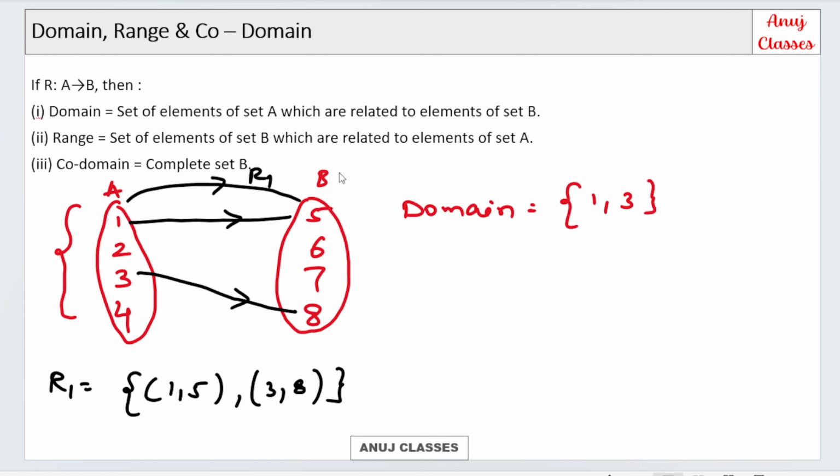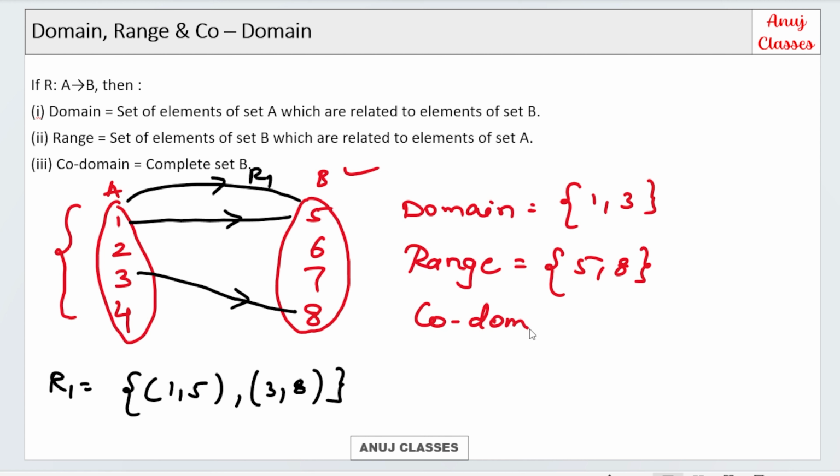Range is all the elements of set B which are related to A. So I will write here range is 5 and 8. And then we will have the codomain. So what is codomain? Codomain is the complete set B. Whether its elements are related to A or not doesn't matter here. All the elements of set B belong to the codomain.